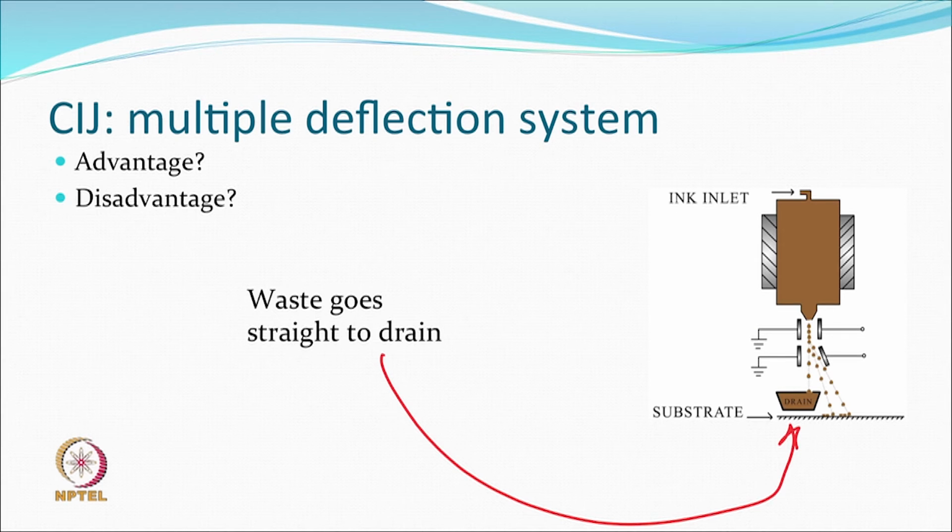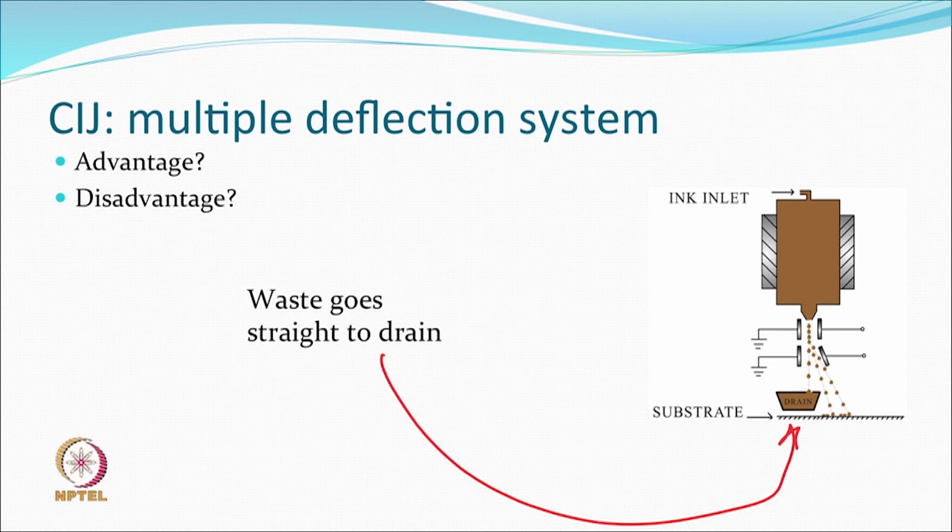So, one probably thought maybe you can do a bit of high production, where the same inkjet is going to different points also. In the first case, it was only at the same point where the jet nozzle was. Now, with the jet nozzle at one place, printing can happen at different places. Multiple means not 2, it could be 3, it could be 4, it is only a question of deflection. So, it gets deflected and also goes somewhere else. So, that is the advantage in that sense. The waste in this case is going straight to the drain now.